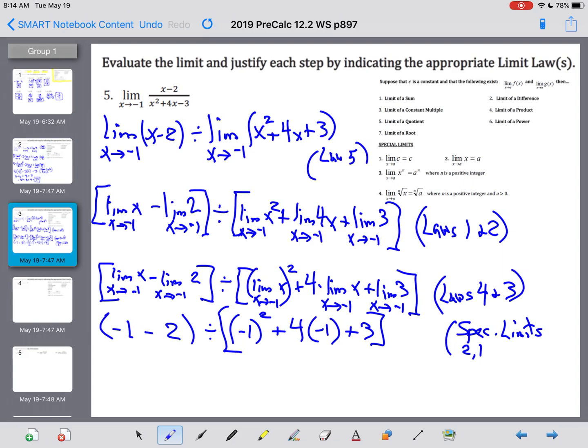Okay, so I used the 3. Then I did the 2. And the last one I did 1. Okay, so now I end up with negative 3 over, this is 1 minus 4 plus 3. And oh boy, we get 0.